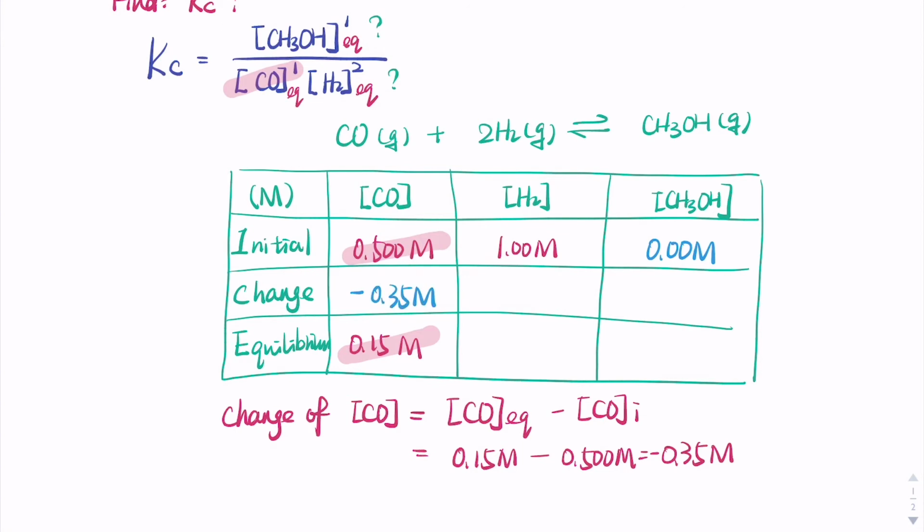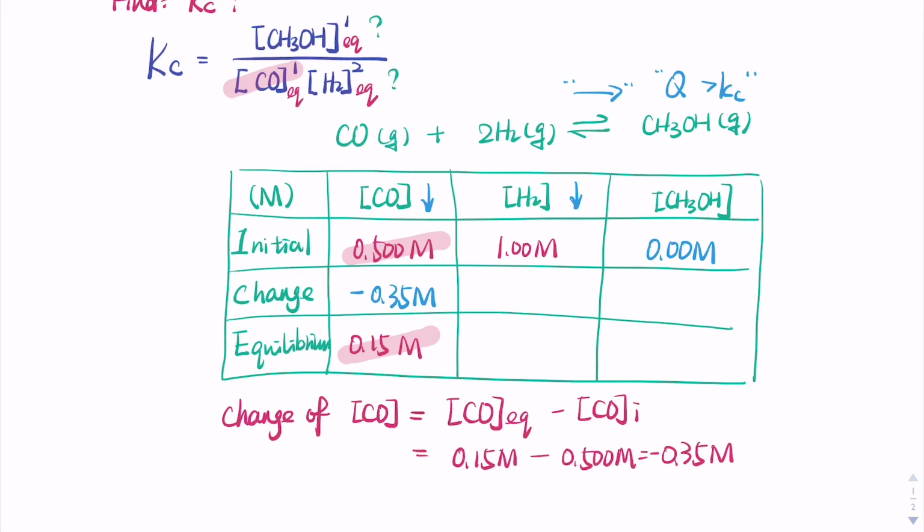For this reaction, which way does the direction go? To the right, because Q is gonna be smaller than Kc. In this situation we can predict that, since you start out with only reactants, the reaction has to go in the forward direction. Therefore the concentrations of carbon monoxide and hydrogen are going to decrease.